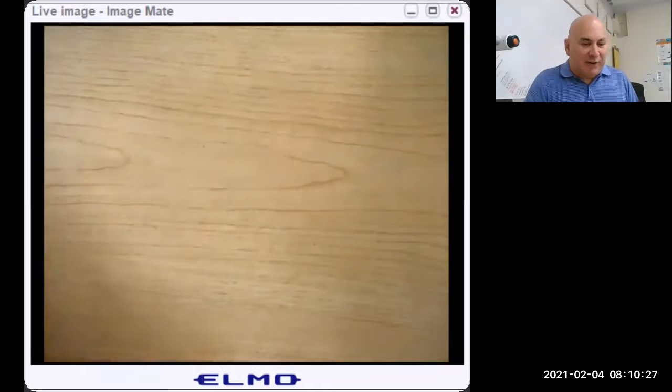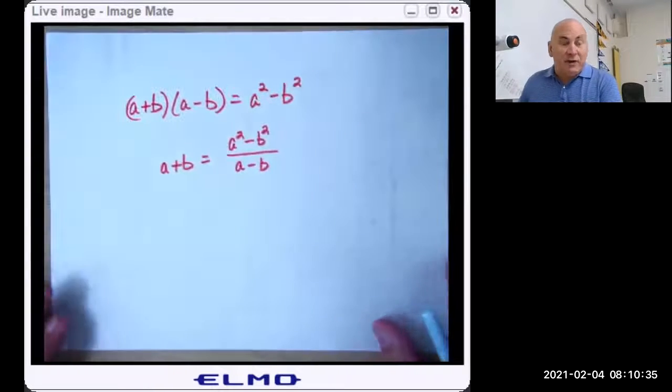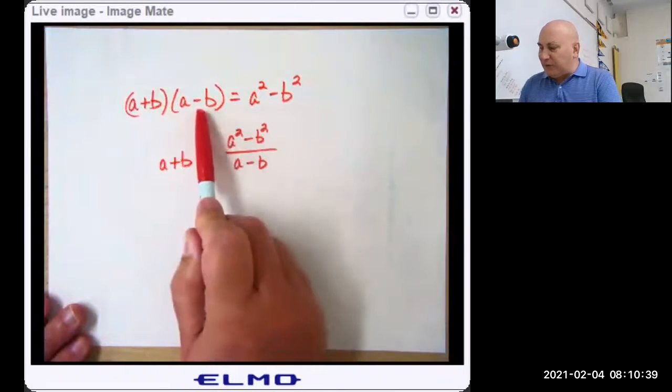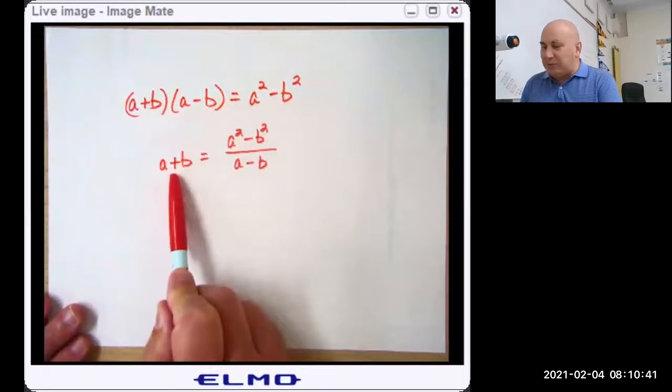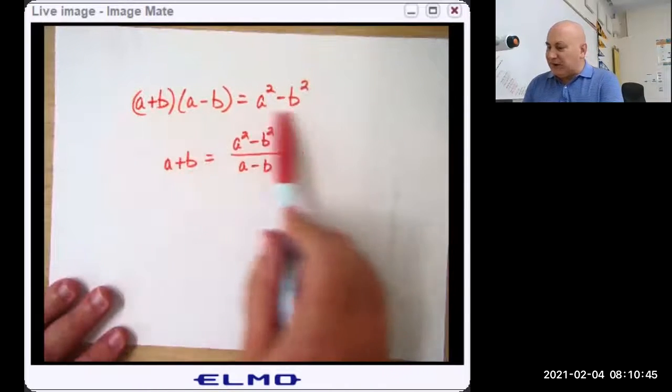So identities are something, a lot of times we believe identities are expressions that are always true. Not quite. They're true wherever the functions are defined. For instance, we know that this is true. So if we divide both sides by a minus b, we would get this. And could we say that we know that this is an identity?